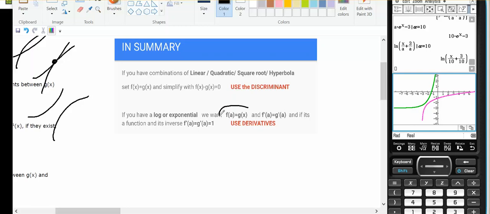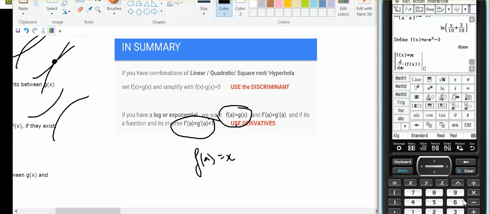We can set the y values equal to each other, or we could set them equal to x, and we can set the derivatives, or one of the derivatives, equal to 1. So I'm going to take that equals 1, and I'm going to solve that for x and a. So what am I saying?